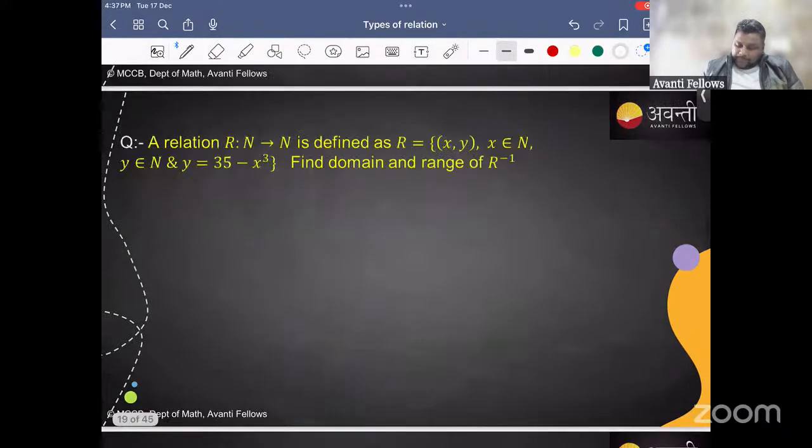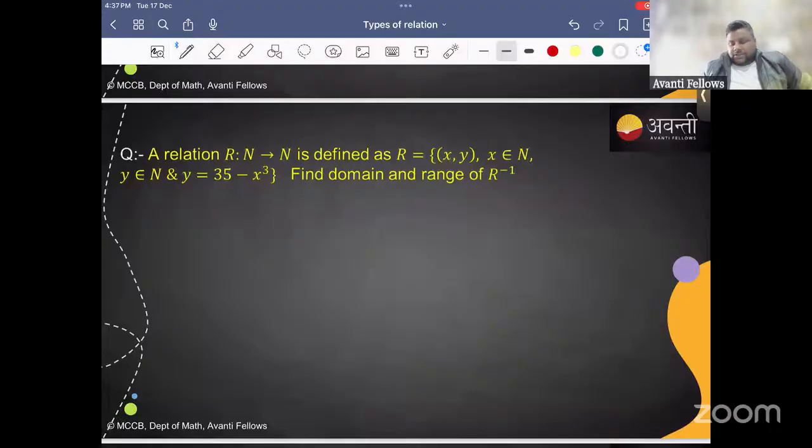Now, see another question. A relation R from N to N is defined by R = {(x, y)}, x belongs to natural numbers, y belongs to natural numbers, and y = 35 - x cube. Now, first of all, if the value of x is -1, the value of y is going to be 36.